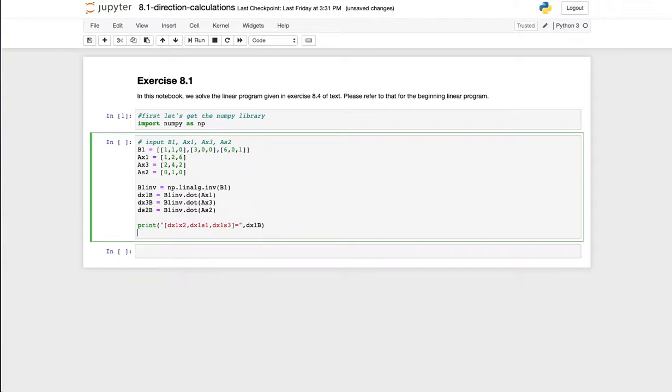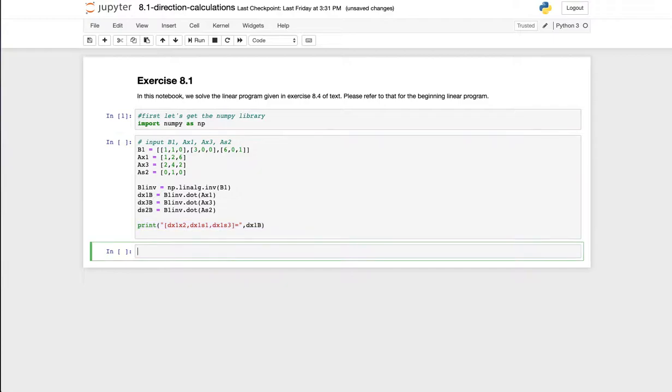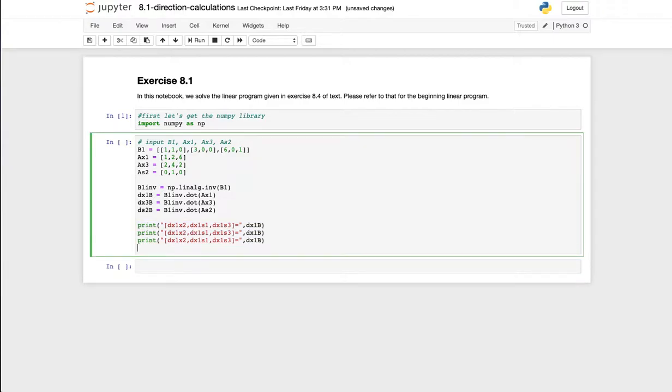Okay, and I can copy and paste this too, because this is actually the same as well, except instead of x1, here we're using x3, and here we're doing s2. And I want to make sure I get the right component here, the right direction here.